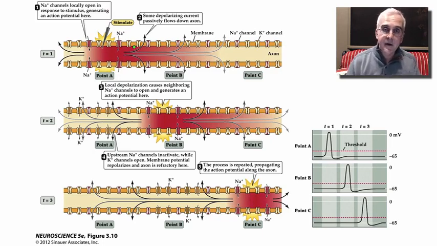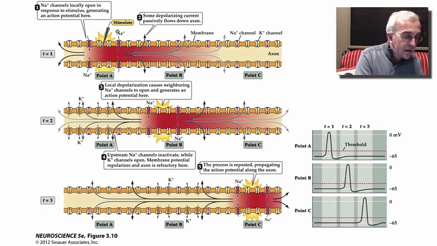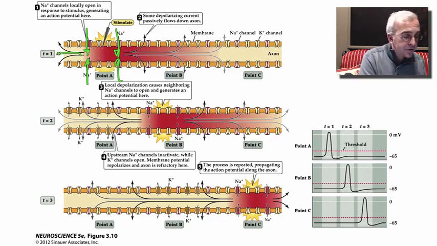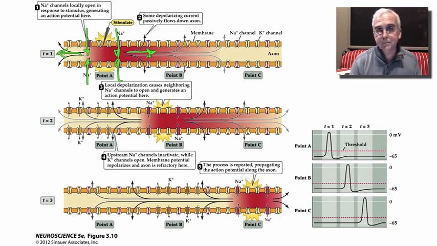First sodium, very quickly, and that allows for sodium to rush in through these open sodium channels. And that sodium now triggers the passive movement of charge along the length of this axon. So that charge is going to go in both directions away from this site of stimulation.